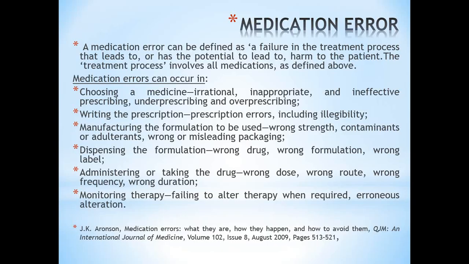The jars in which the raw material is kept, or the laboratory equipment used to formulate the medicines, may be contaminated, and there may be wrong or misleading packaging. The unstable packaging material or the contaminated packaging material may cause medication error.